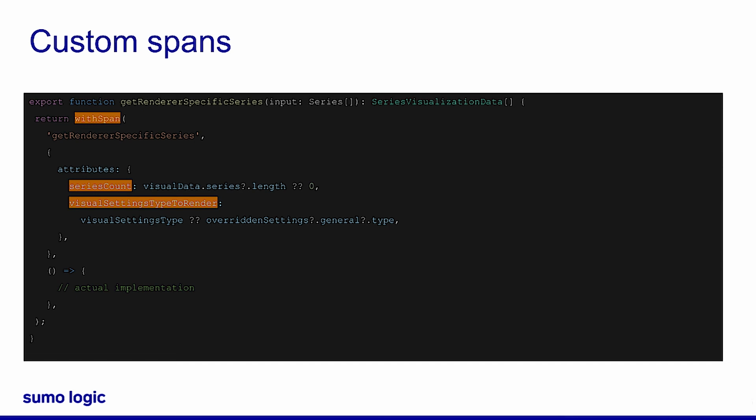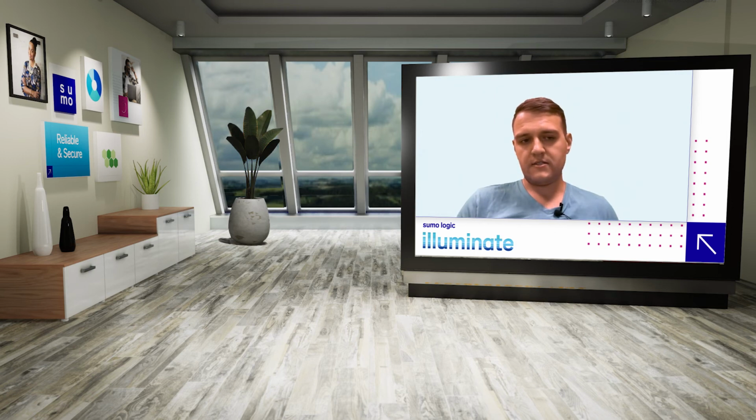And we can also add custom attributes to this span. In this case, we are passing some attributes that are based on the input of this function. So this could be very helpful, as this will give me some indication for what inputs the function takes long to execute.